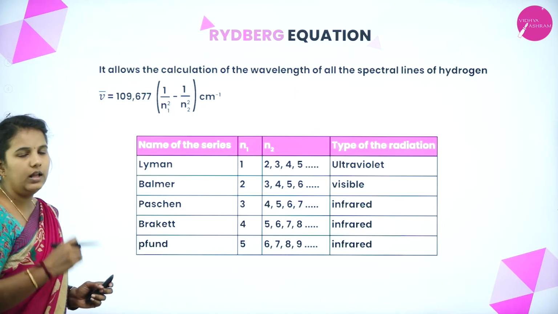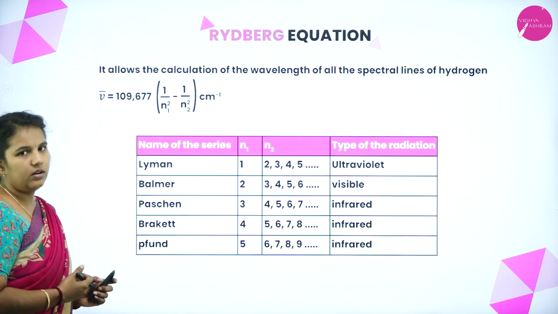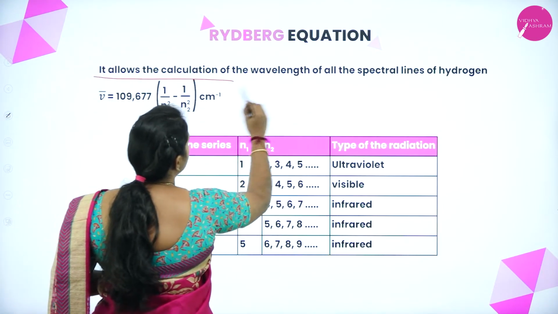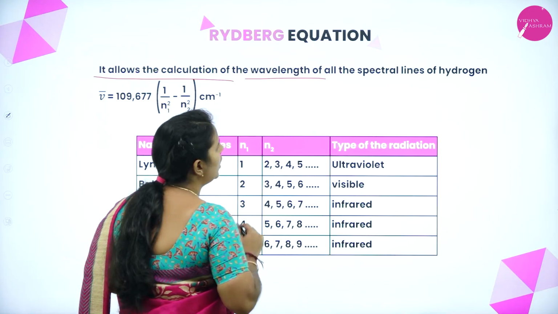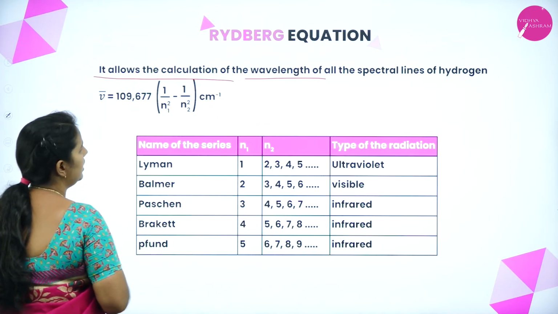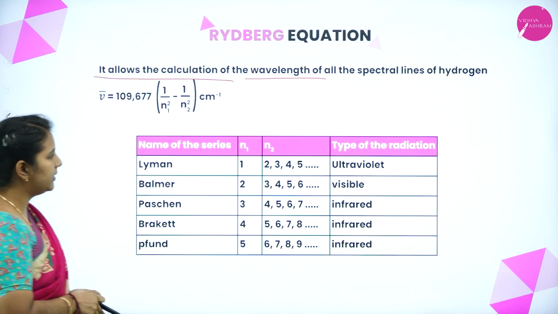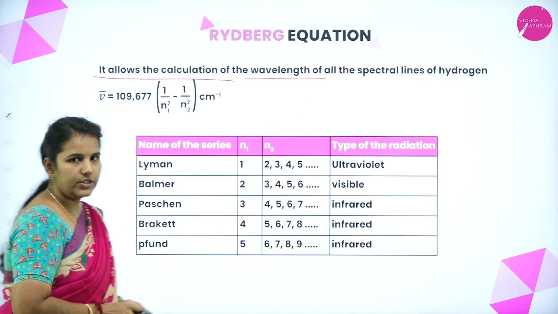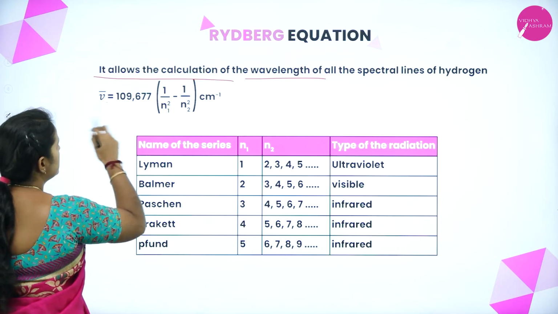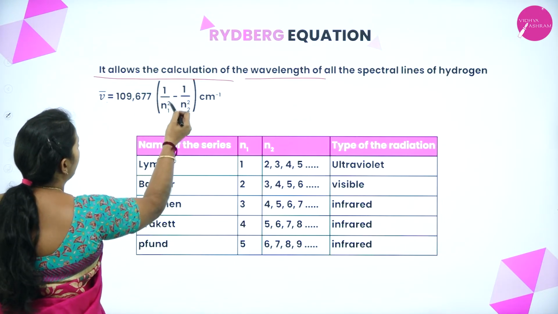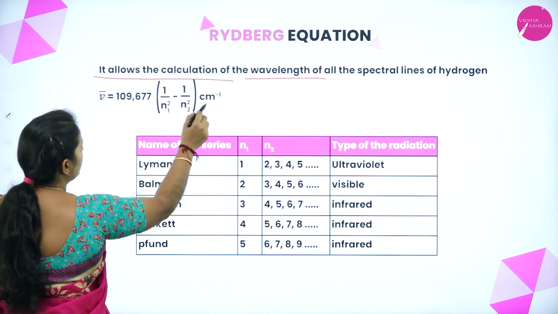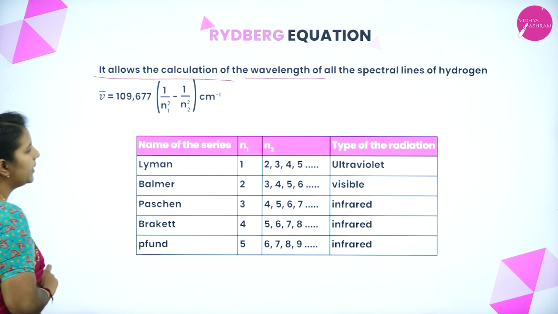Let us move on to the Rydberg equation. It allows the calculation of the wavelength of all spectral lines of hydrogen, and this Rydberg equation is what we use to calculate the types of radiation. v bar is equal to 109677 into (1 divided by n1 square minus 1 divided by n2 square) per centimeter.